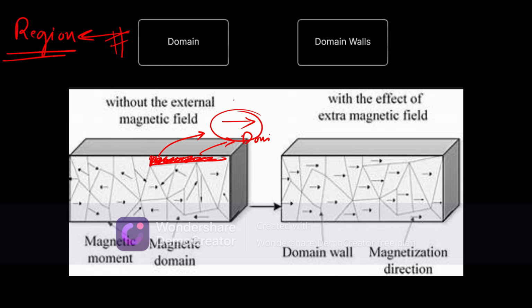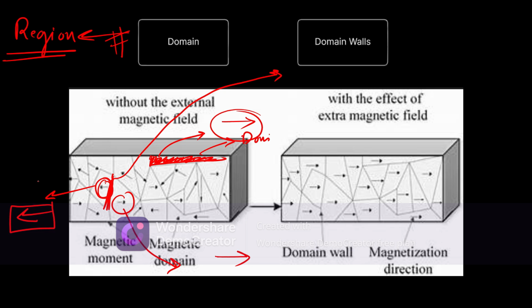And what are domain walls? You can see here the magnetic dipole is in this direction, and in this domain the magnetic dipole is in this direction. In between there is one line, and that line is known as the domain wall. So the wall separates the different directions of the magnetic dipoles.